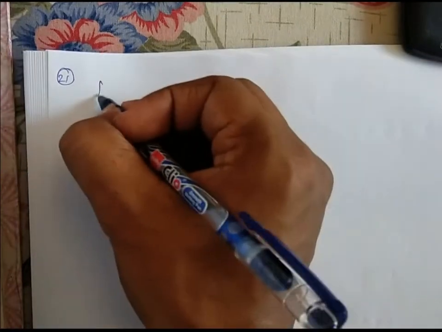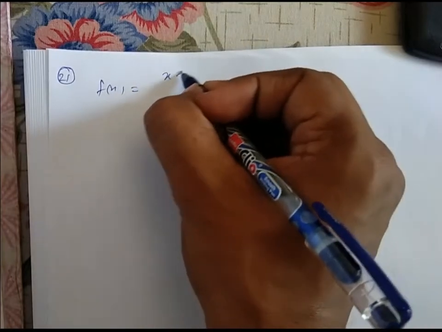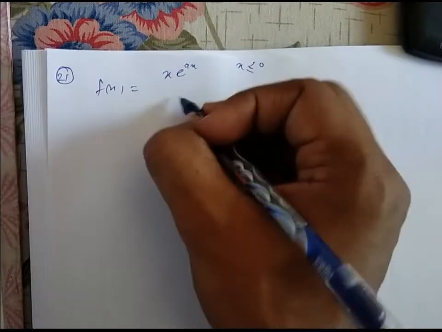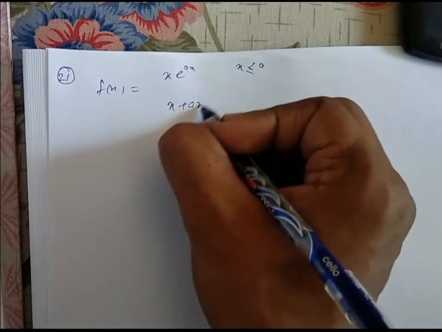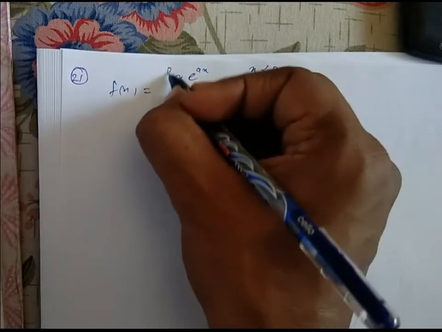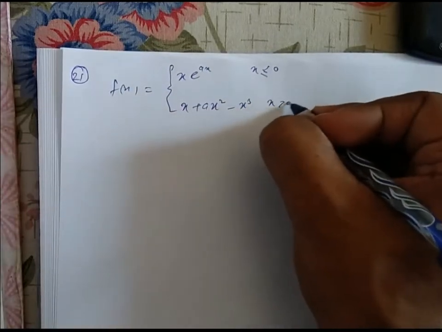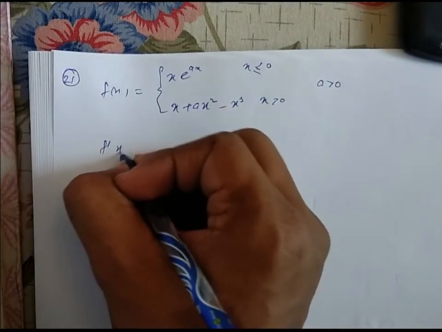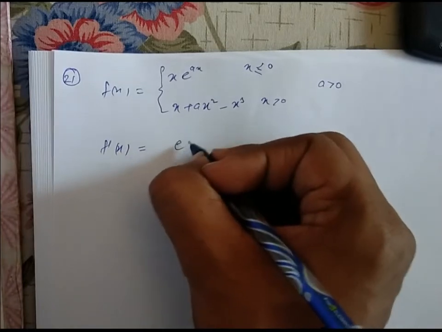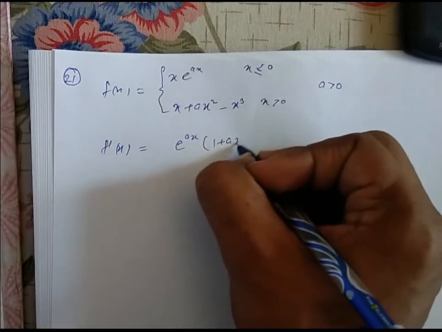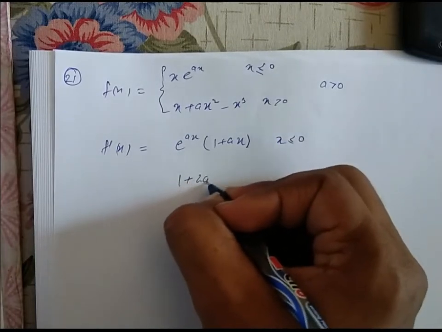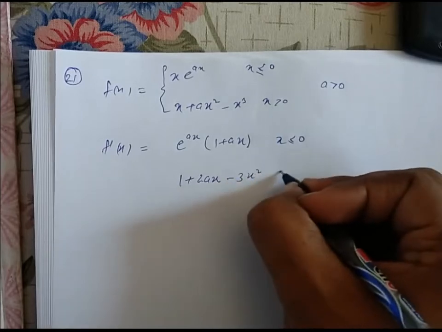So f(x) over here is x e power ax if x is less than or equal to 0, and x plus a x square minus x cube if x is greater than 0, where a is greater than 0. Okay, let's calculate f dash first. It is equal to e power ax (1 plus ax) if x is less than or equal to 0, and 1 plus 2ax minus 3x square if x is greater than 0.